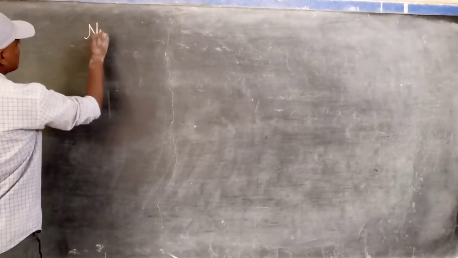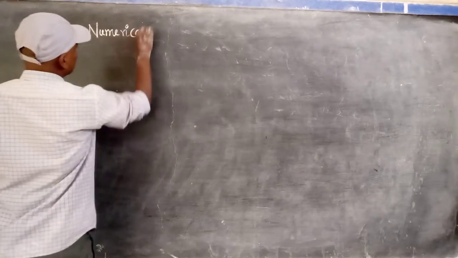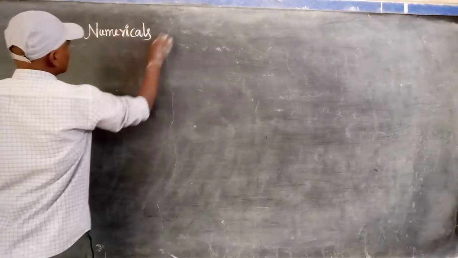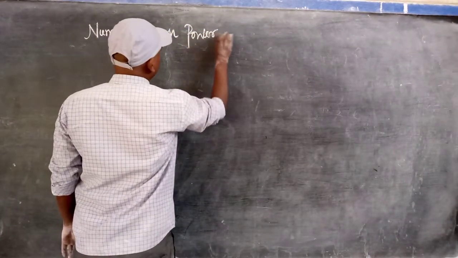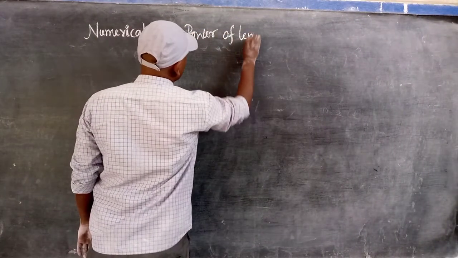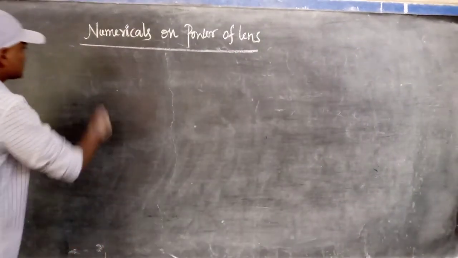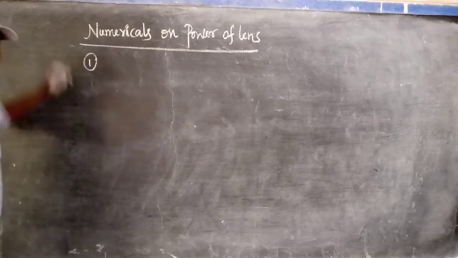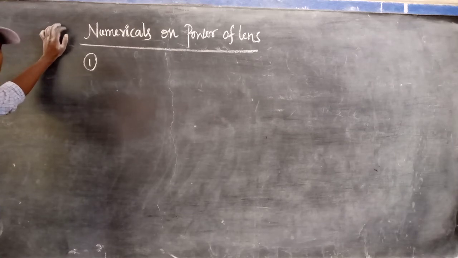Now we are discussing two numericals based on the power of lens concept. So the first one: a doctor advises to use a 2D power of lens. What is the focal length of that lens?